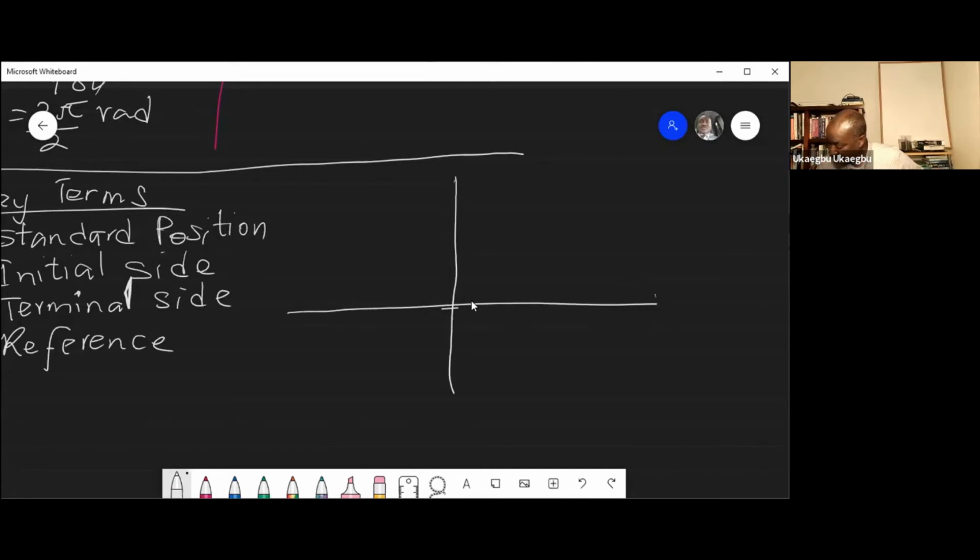This is usually your x-axis, you know that. And this is your y-axis, and you have your own scale, whatever that scale might be. And then this was where we started from.